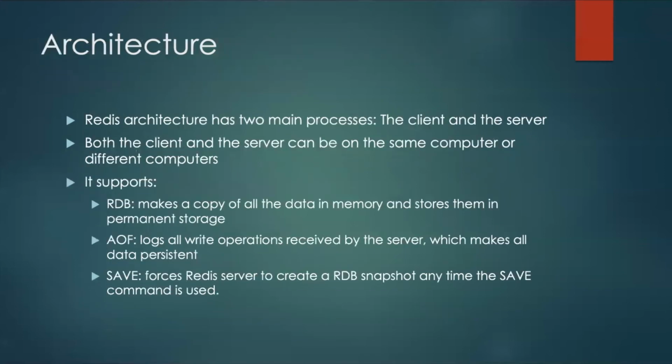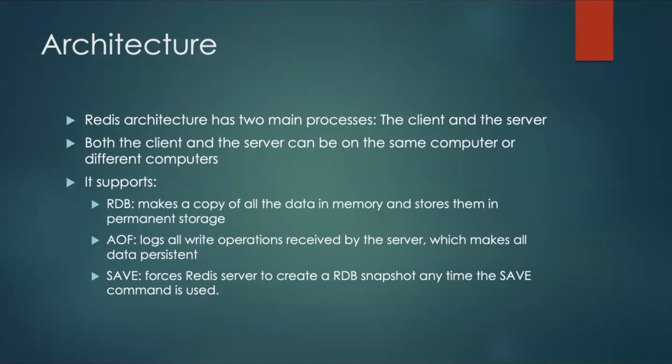Architecture. Redis has two main processes: the client and the server. You can run both the client and the server on the same computer or on different computers. The architecture supports RDB, which I mentioned in persistence, which is just storing a copy of all the data in memory into permanent storage.